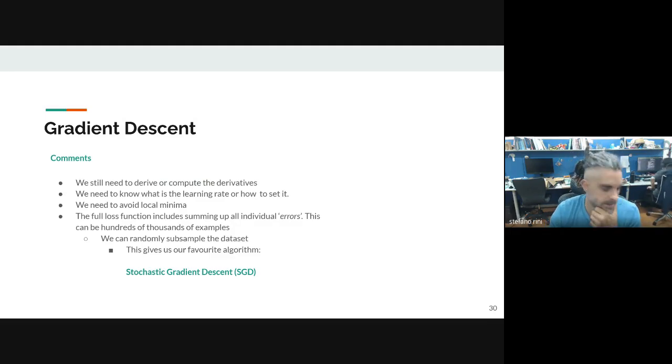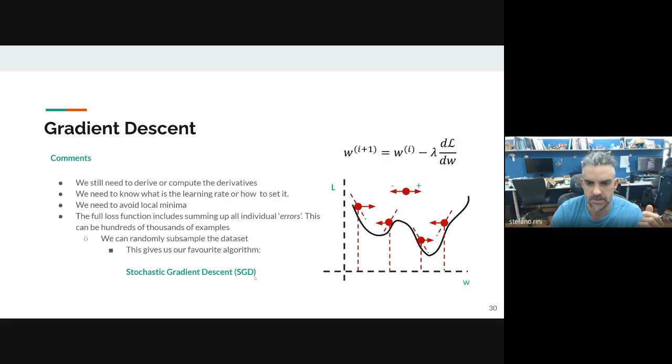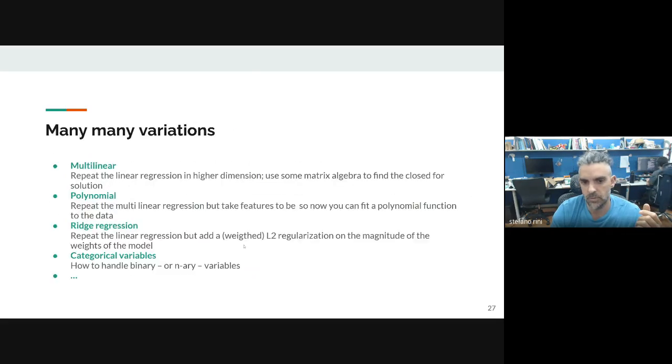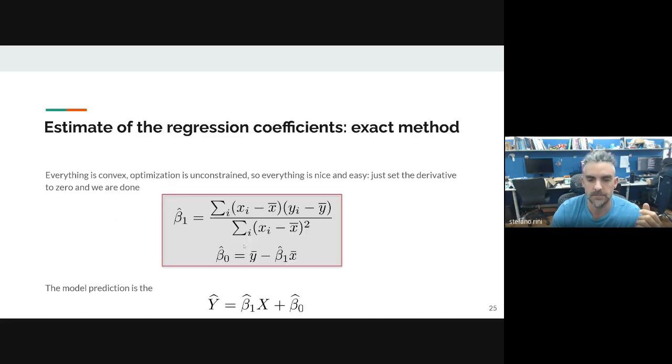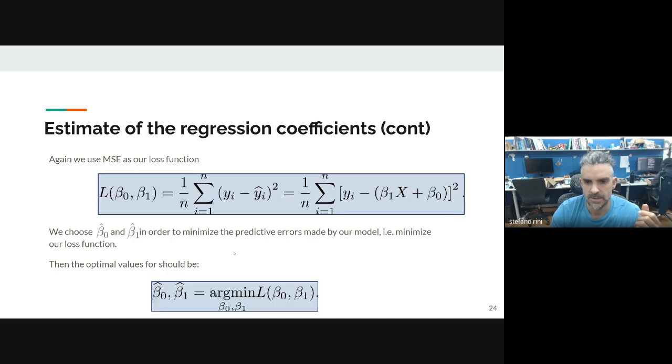When we apply this algorithm to the loss minimization, you will see that it has to take the derivative of the loss for all of the points in the dataset. Here you see that we're taking the derivative of the loss summed over all the elements in the dataset. If your dataset is hundreds of millions of images of cats, then you don't want to do this.